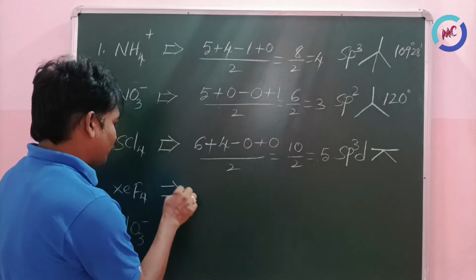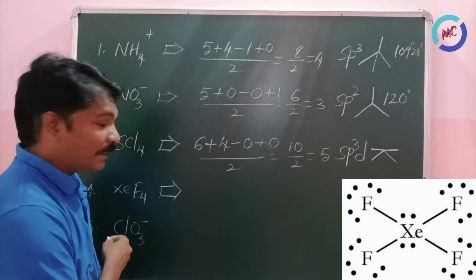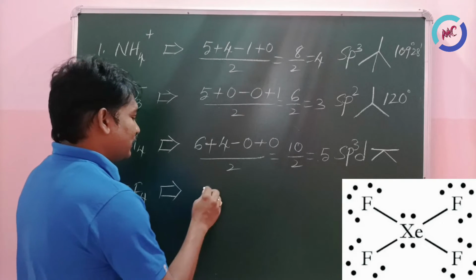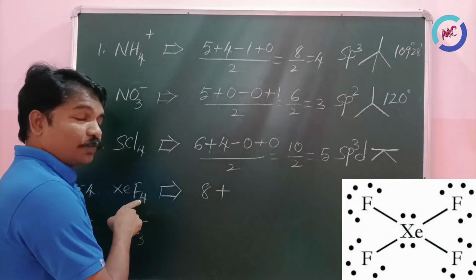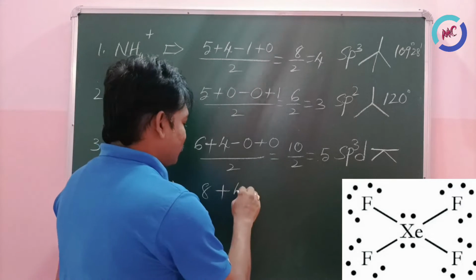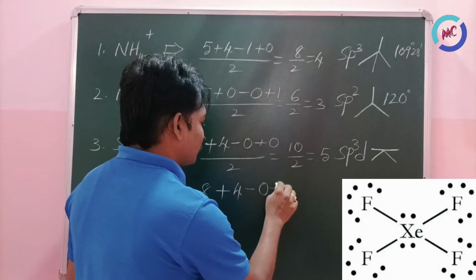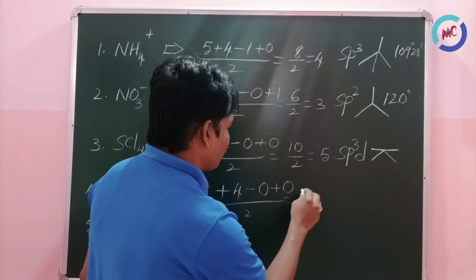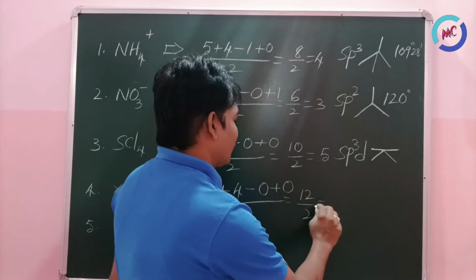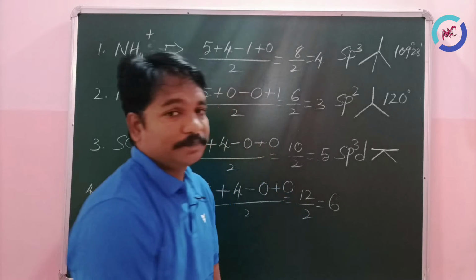Next one, xenon tetrafluoride. How many valence electrons are there in case of xenon tetrafluoride? Xenon has 8 electrons plus fluorine 4 monovalent, minus, no cations, no anions, by 2, that is equal to 8 plus 4, 12. 12 by 2, that is equal to 6.